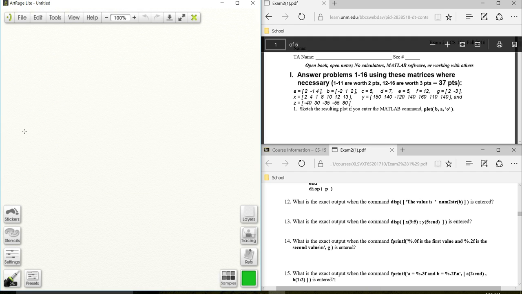So for problem 13, what we're going to do is first we're going to find x of 3 through 5, and then we're going to find semicolon y of 5 through end. And we're going to build this matrix.